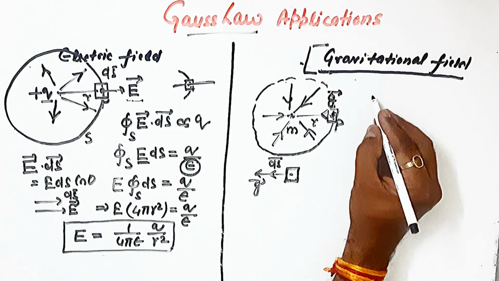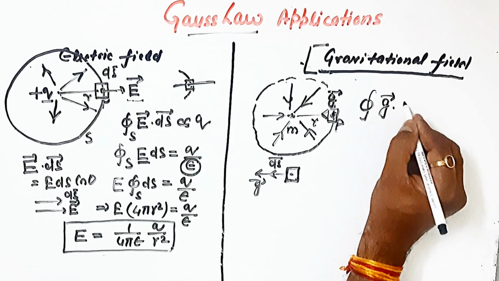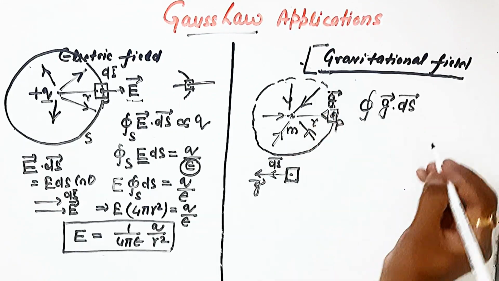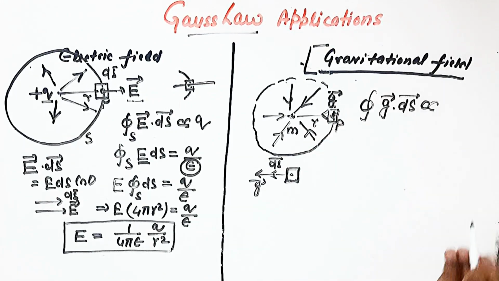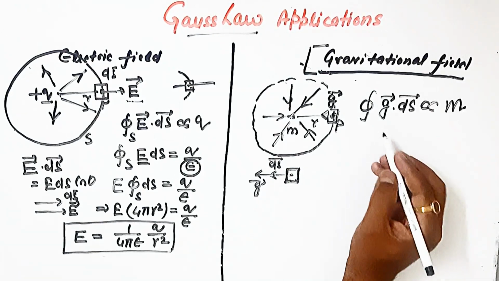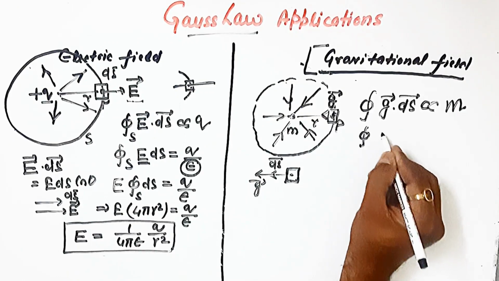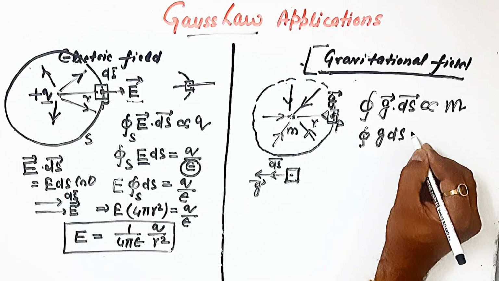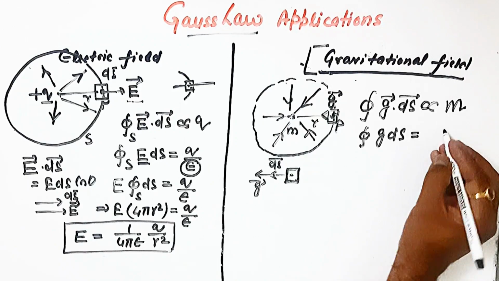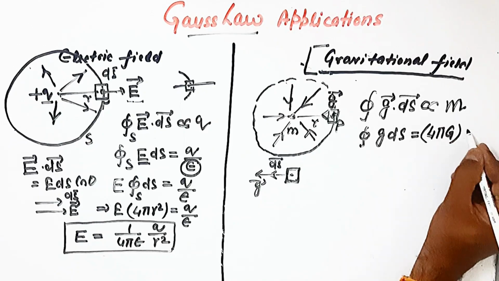So as per the Gauss law, surface integral of g dot ds, the flux of this gravitational field intensity all over the surface, must be proportional to the source of the field. The source of the field is what? M. So again, since g and ds are parallel, it will convert as g ds. Now I convert it into equality. So for equality, you will take constant 4 pi capital G and M.